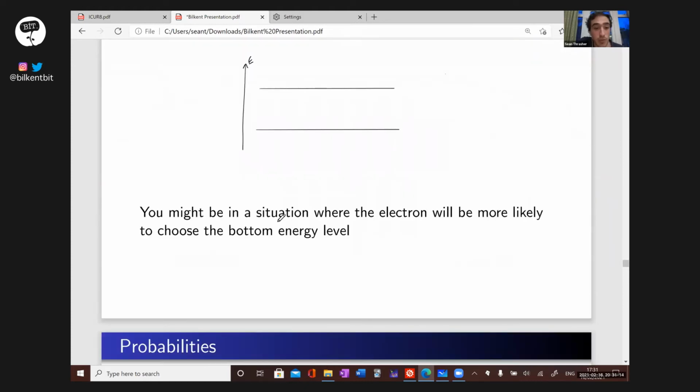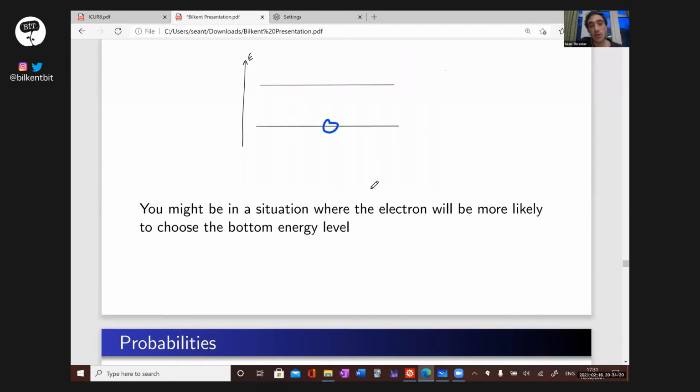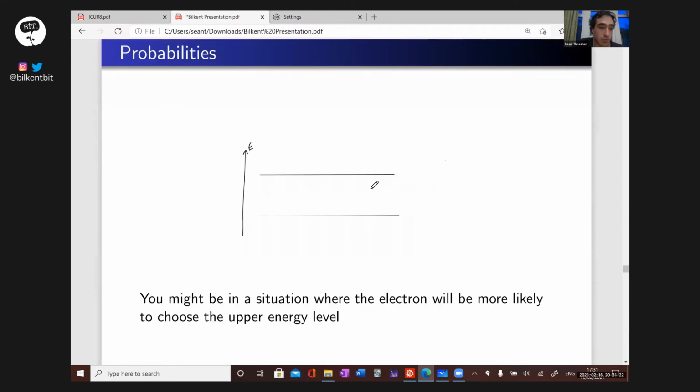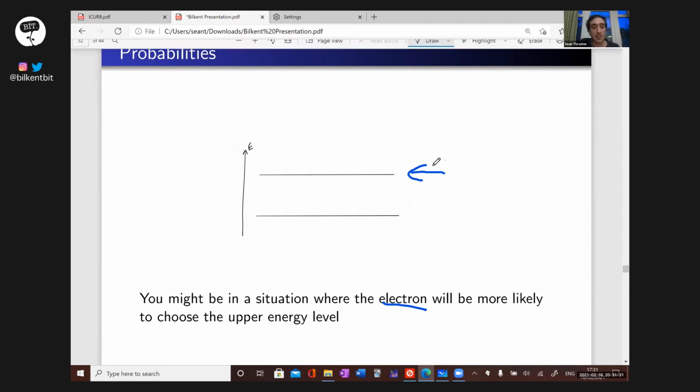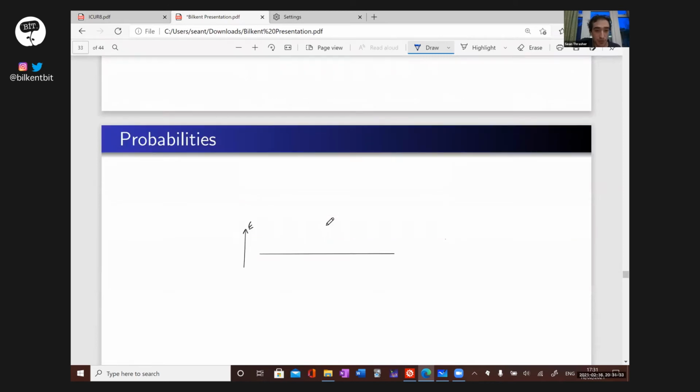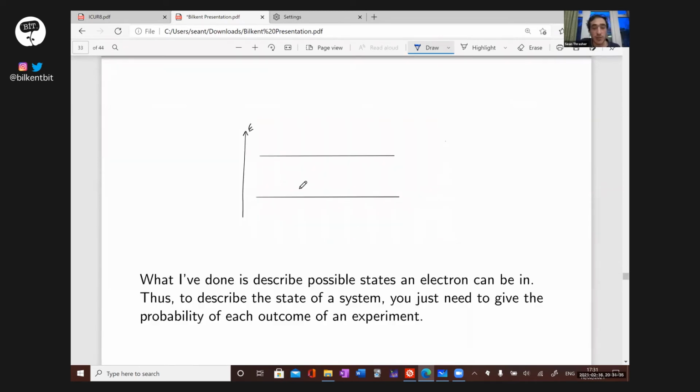Or you might be in a situation where the electron is more likely to show up in the bottom energy level, for instance. Or you could be in a situation where the electron is more likely to pop up in the upper energy level. What have I done here? I've actually described to you different states that my electron can be in.